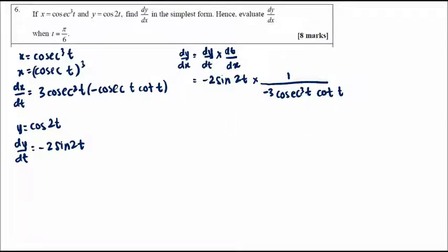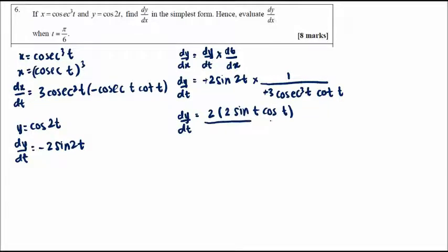After that, we try to simplify this expression. So this is our dy/dt. Maybe what we can do first is simplify the negative and negative sign, and then we have this double angle, sine 2t. We can change that into single angles: 2 sine t cos t, by using the double angle formula.